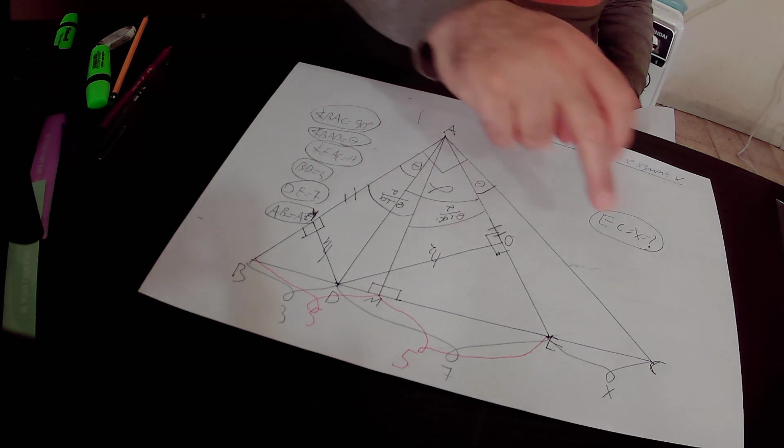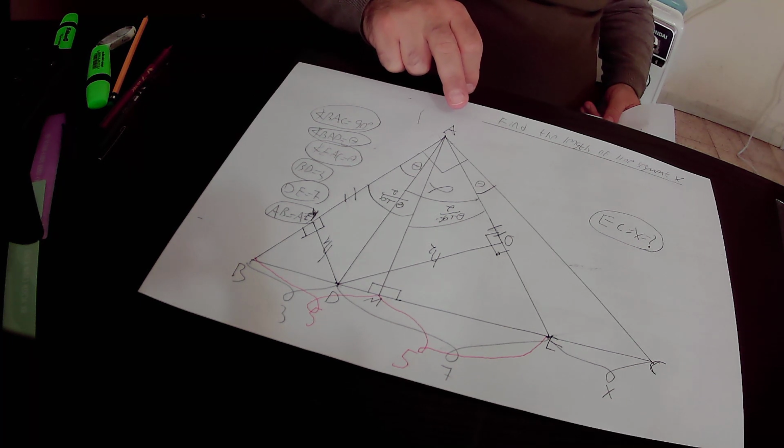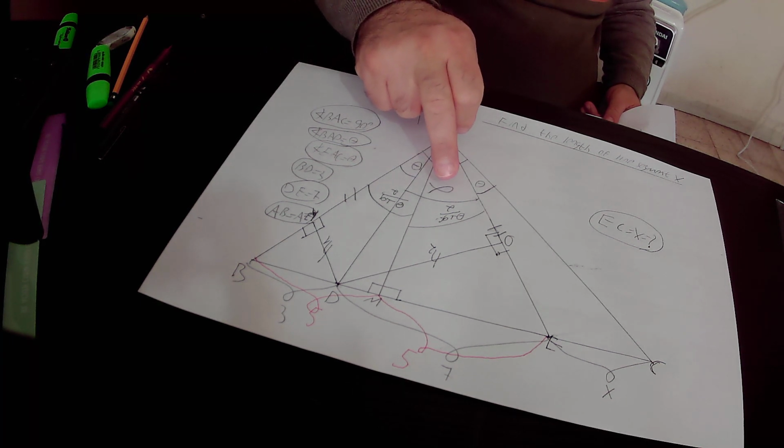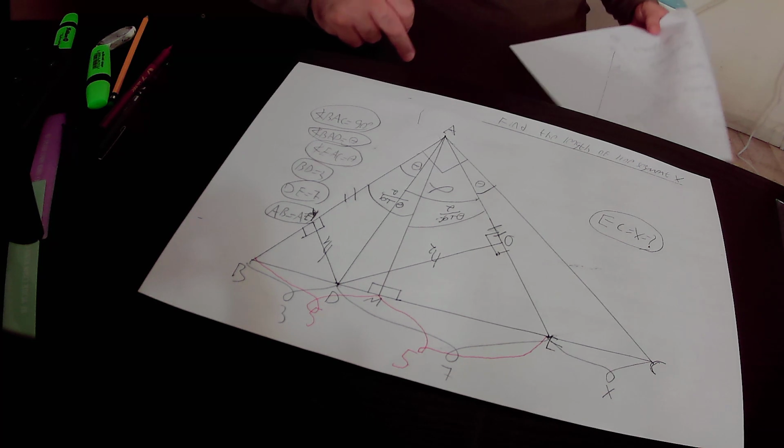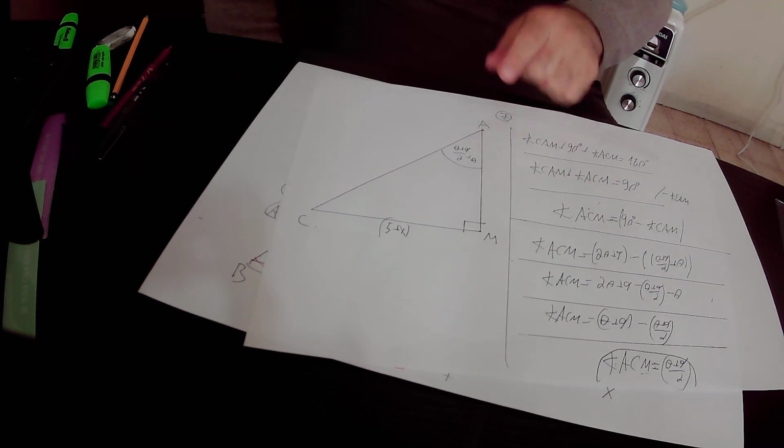The value of angle CAM will be equal to (theta plus alpha) over 2 plus theta. Okay, it is equal to (theta plus alpha) over 2 plus theta.